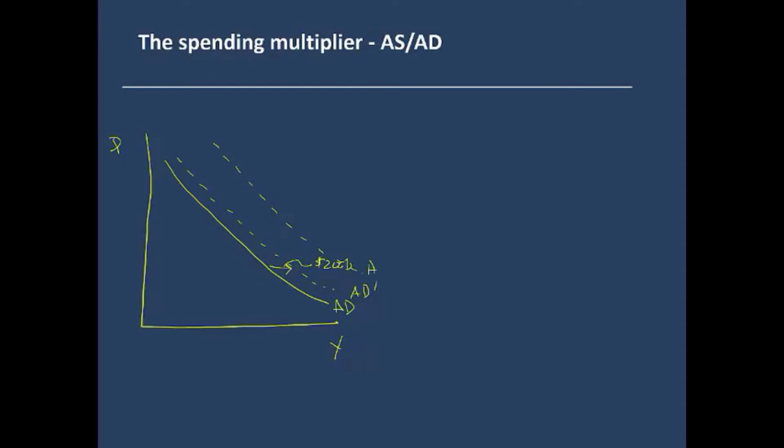Let's go to aggregate demand 2. Aggregate demand increased by $1,000 billion because of the multiplier effect. So from aggregate demand to aggregate demand 2, that's the total impact on aggregate demand.